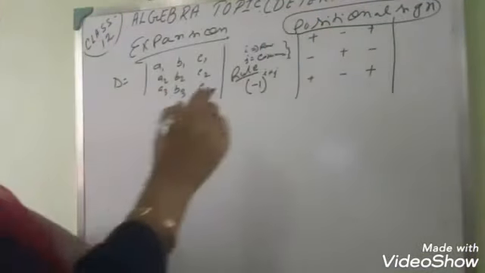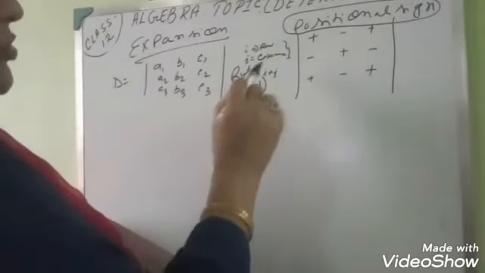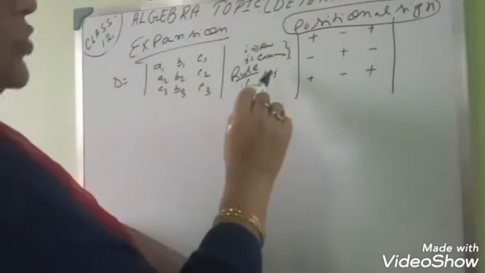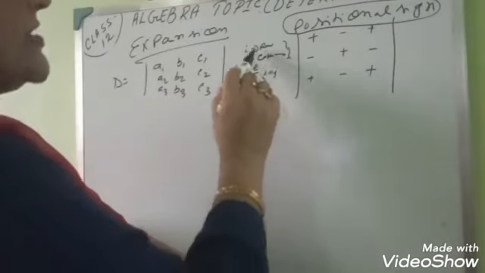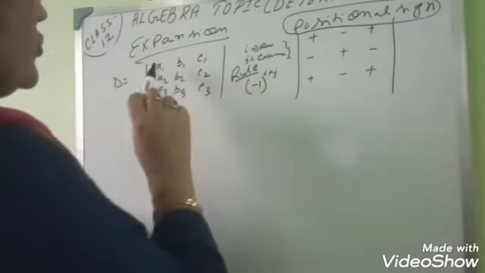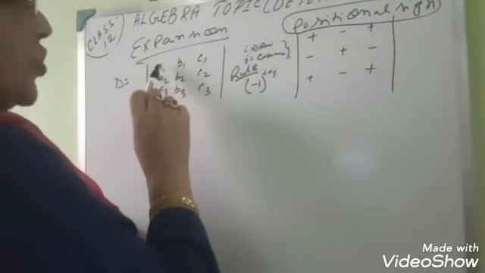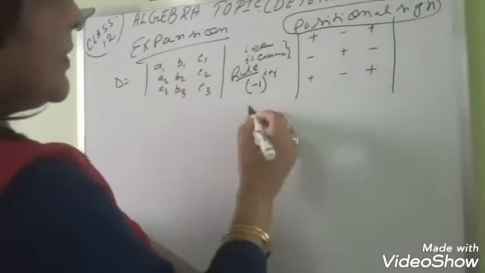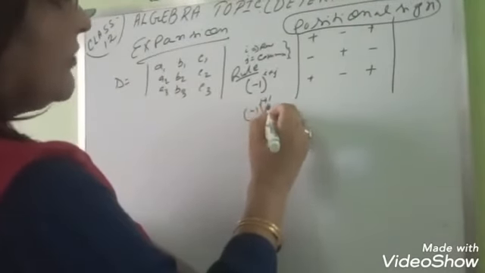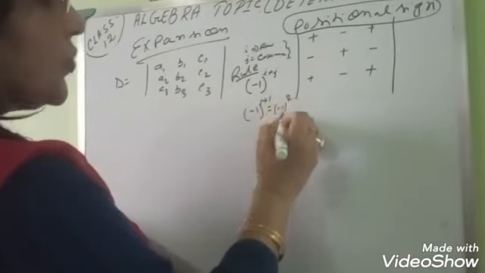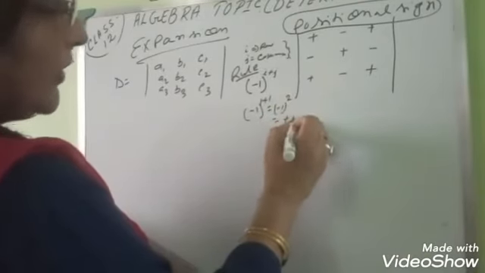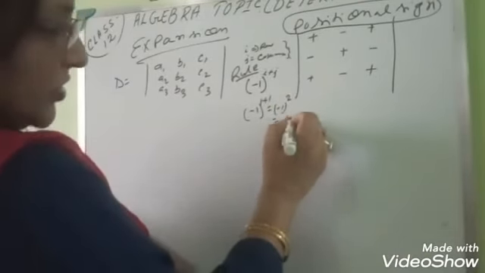I means the row, j means the column. So this position is first row and first column, so it is (-1) to the power 1 plus 1, that is (-1) squared. So it's coming +1, that is positive.